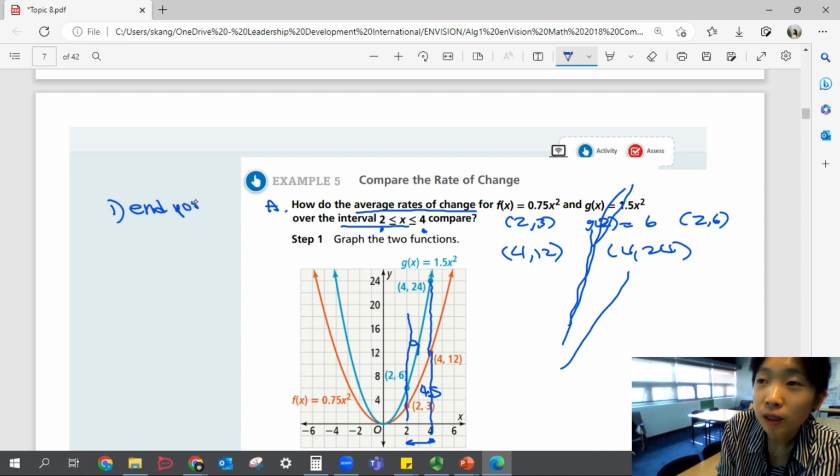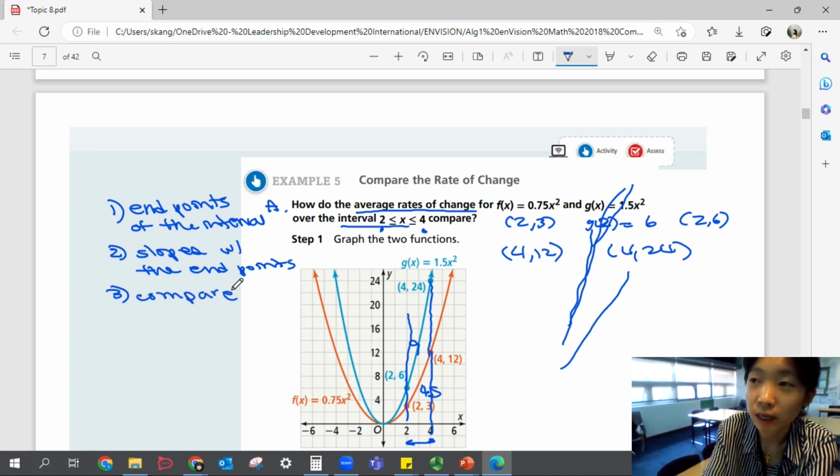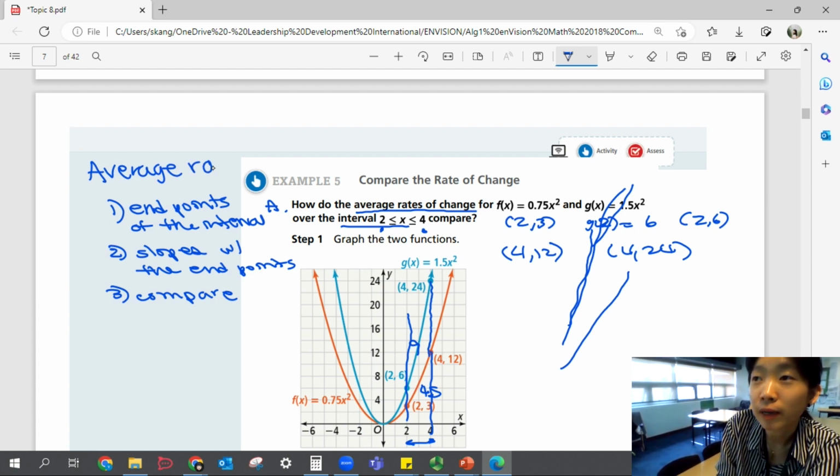Find the endpoints of the interval, and then find the slopes with the endpoints, and then that is your average rates of change. Then compare, using the average rates of change. That's how you get average rates of change.